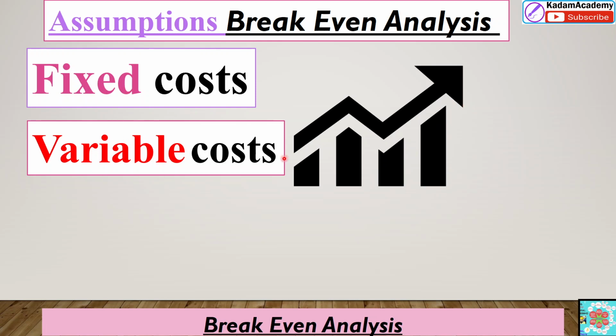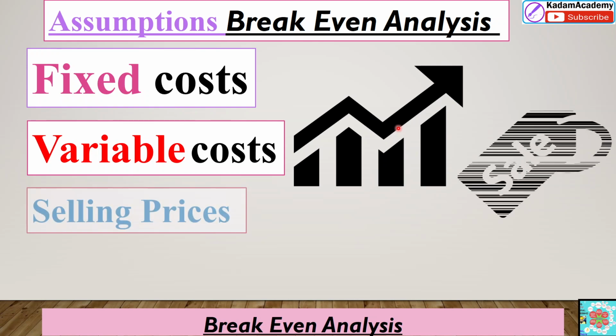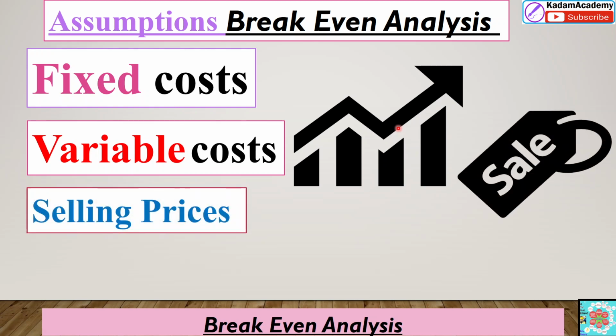But in variable cost, what will happen? It increases linearly. You can see in the graph, it is directly proportional to the volume of production. Thus, if you double the level of activity, variable cost will be twice that of before. Hence, the selling price does not change with the change in the volume of sales, since all revenue techniques assume a single price for all units of production.